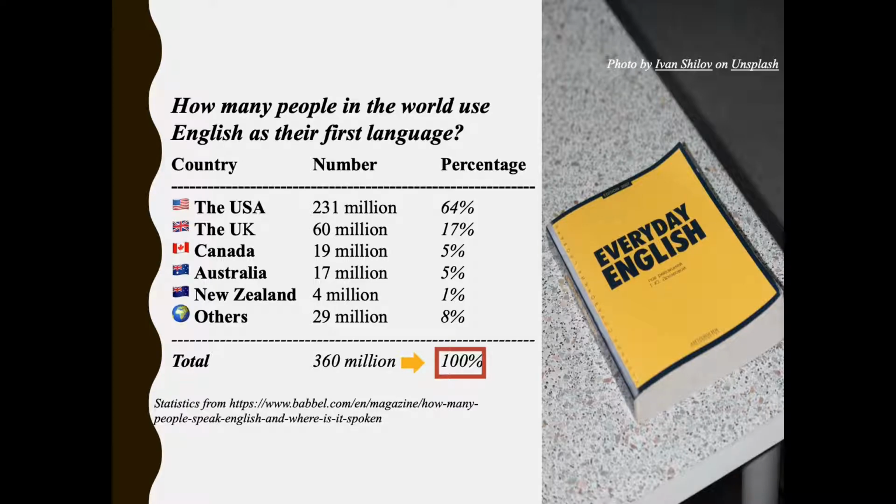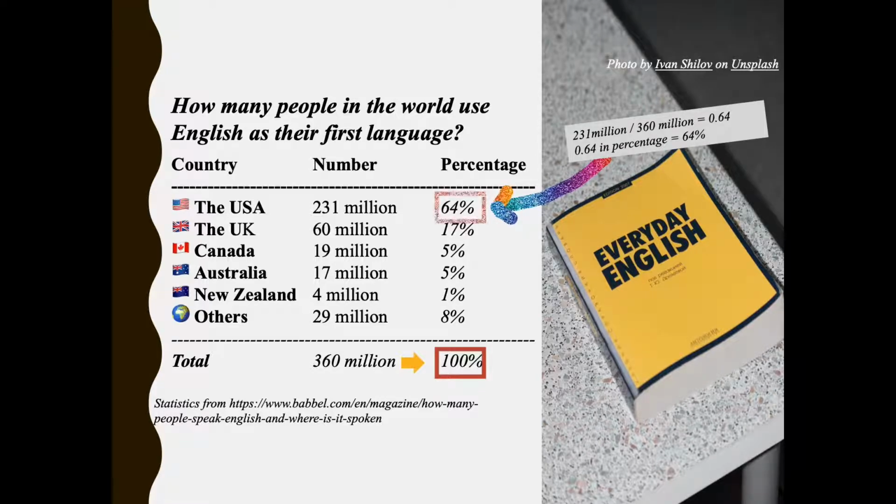In this case, 231 million divided by 360 million makes approximately 0.64. We change 0.64 into percentage, which is 64%. We do the same calculation to other numbers. Please have a look at the chart here.